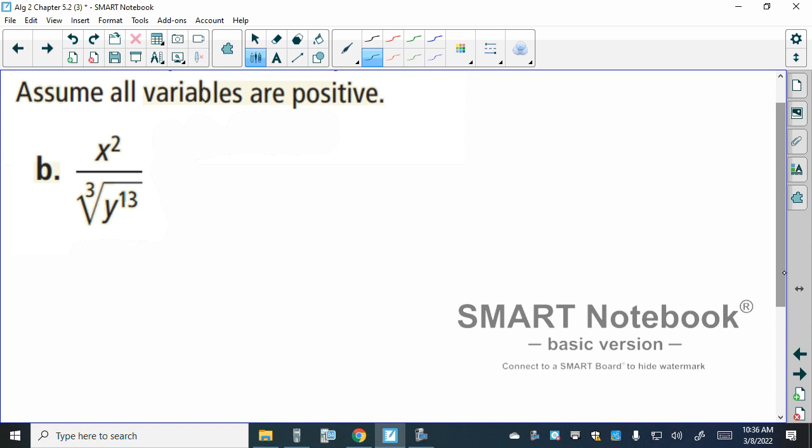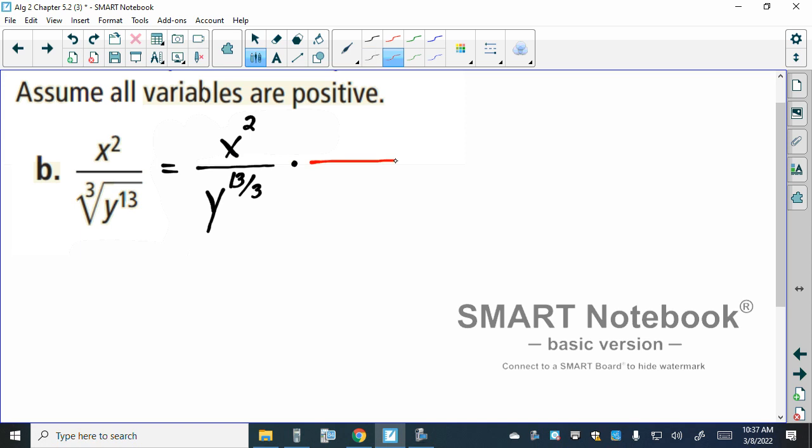Let's look at this one here. We'll see. If we need to, we can. Now this one here, we do need to simplify that radical, yes? Well, we can rewrite it as a fractional exponent, because that does work. And why don't we go on and do that? Because we're saying that we have x squared over y to the 13 over 3.